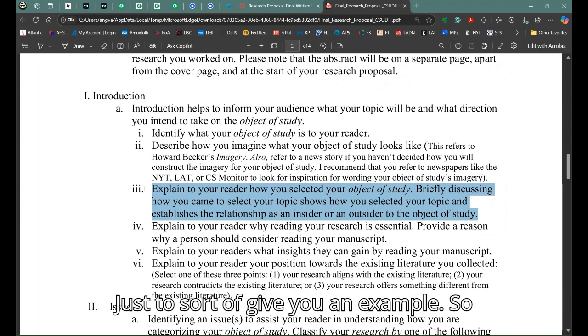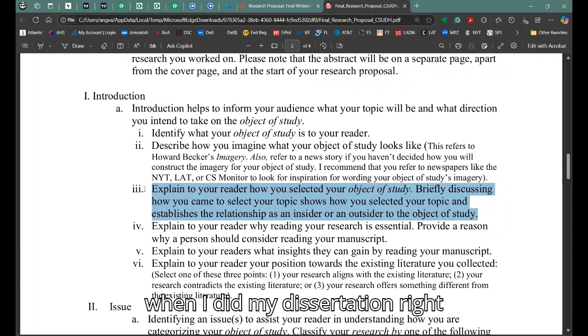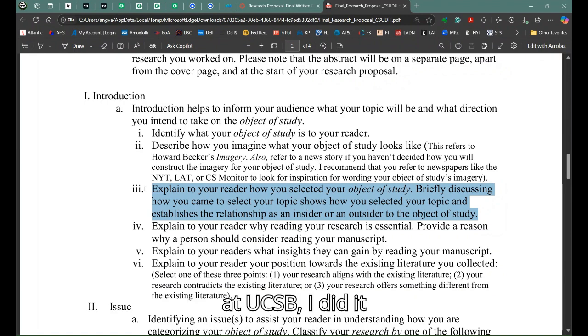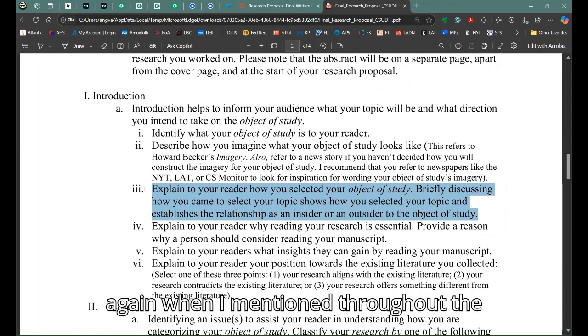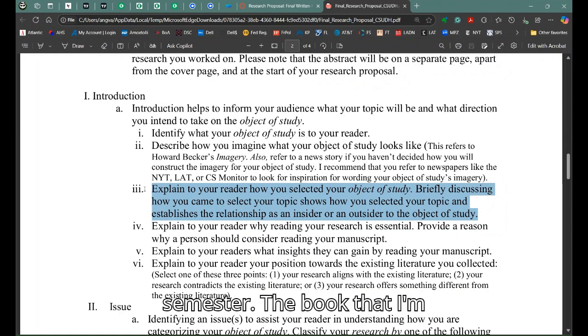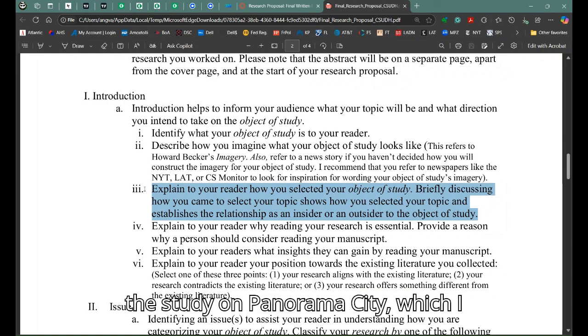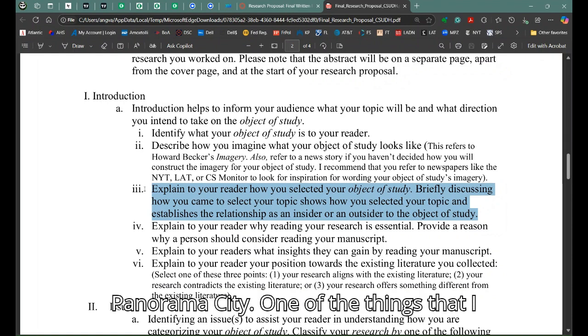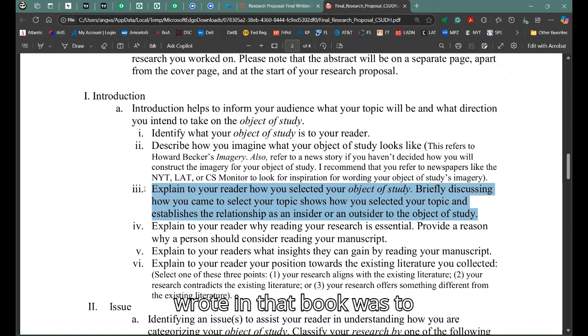Just to give you an example, when I did my dissertation as a graduate student at UCSB, I did it again, as I mentioned throughout the semester. The book that I'm editing now is the study on Panorama City, which I call Barrioology, a spatial history of Panorama City. One of the things that I wrote in that book was to explain what inspired me to do a study on Panorama City.